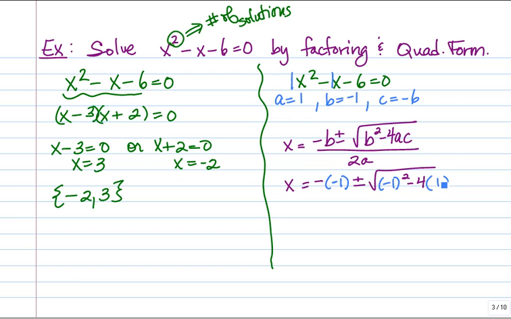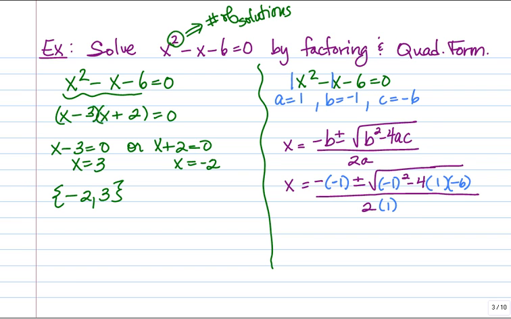Yes, a is 1. And what about c? It is -6, correct. And that is all over 2 times what? Yep, a is 1. That's correct.